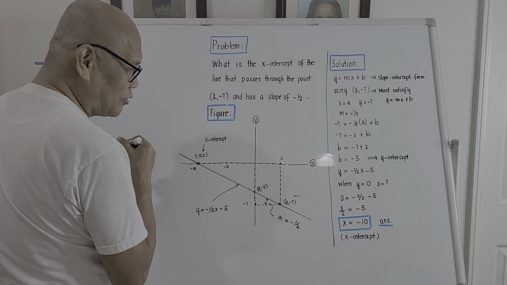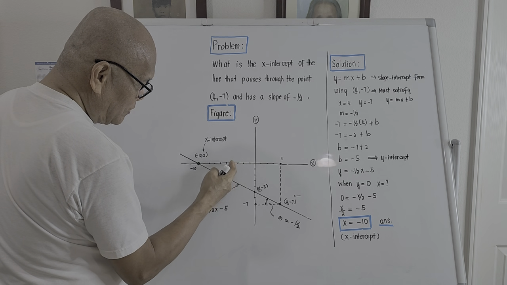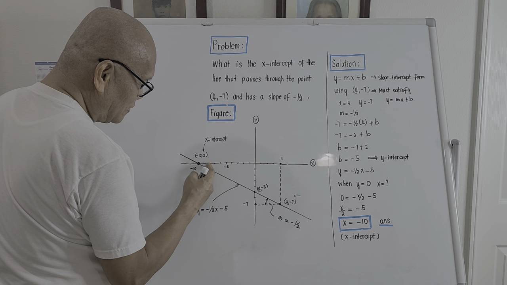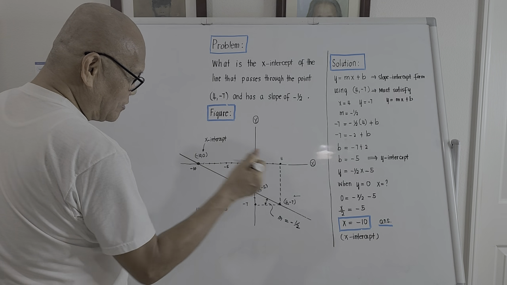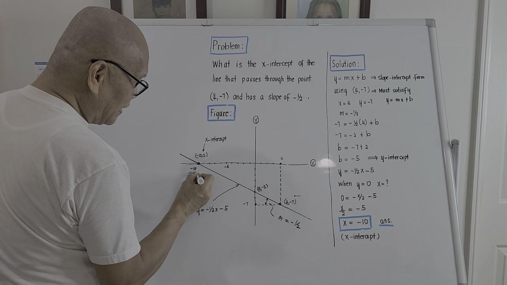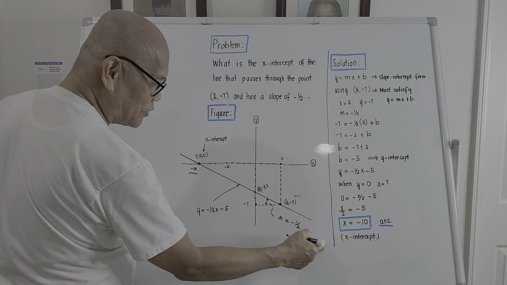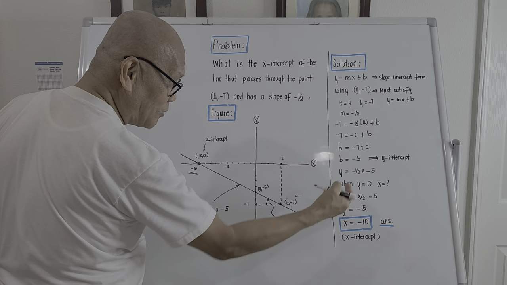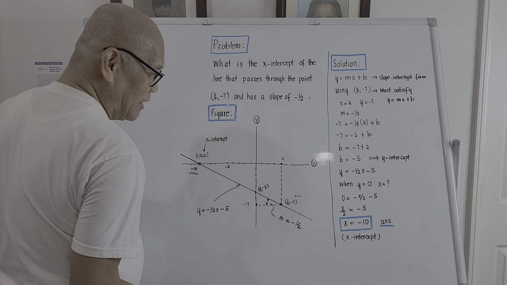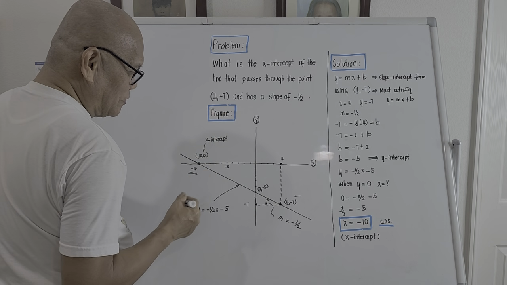The abscissa is actually 10 units to the left. This is negative 1, 2, 3, 4, 5, 6, 7, 8, 9, 10. Since this is to the left, this is actually negative 10. The required line passes through this point here. As per our computation, x is equal to negative 10. But we will discuss the solution. I am just giving you the correct graph of the solution.